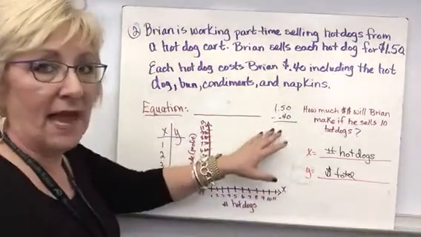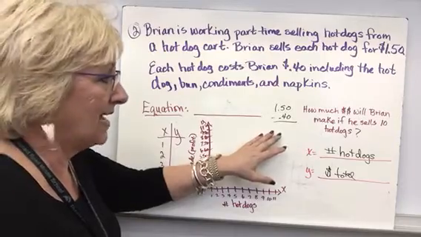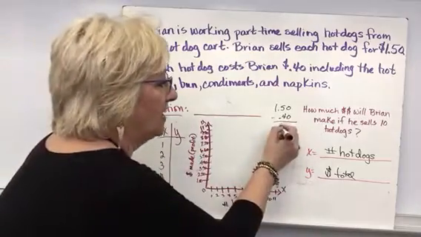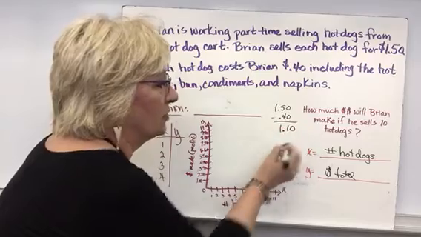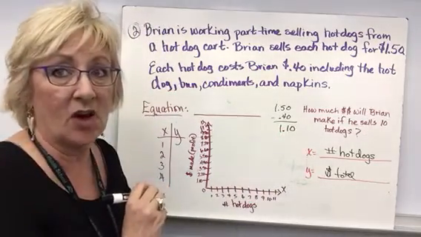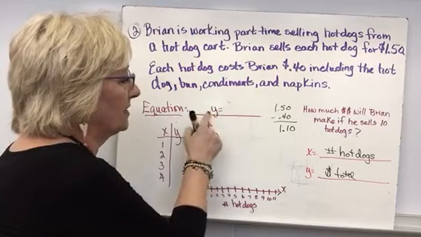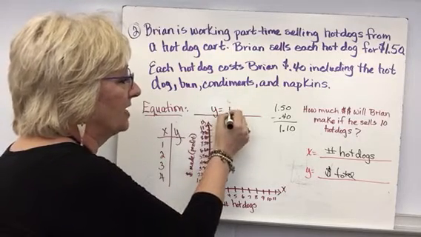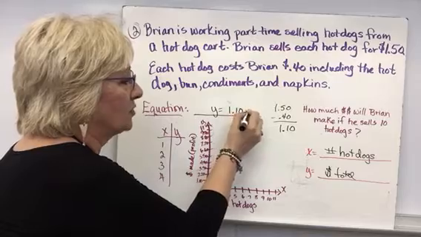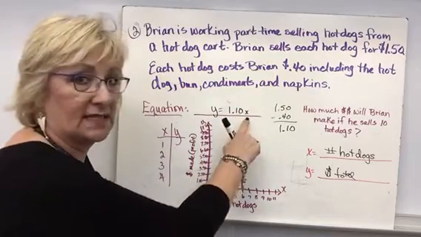So when I do the math and take $1.50 minus 40 cents, I know that I am only making a true $1.10 on each hot dog that I sell. So I'm going to let Y equal, this is going to be my total amount of money. I'm going to say $1.10 is how much I'm actually making on every hot dog that I sell.